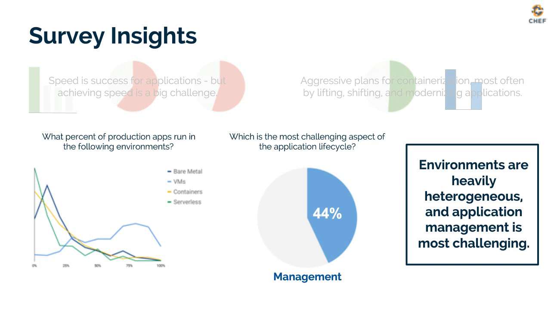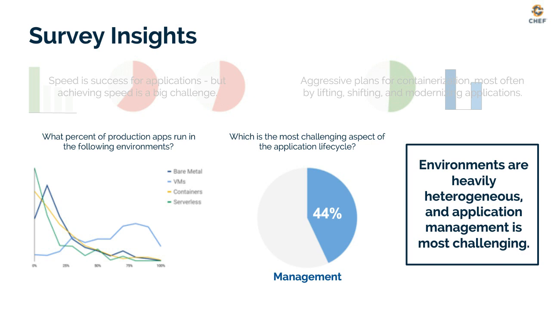So the horizontal axis represents the % of the portfolio, and then the vertical axis is the percent of respondents who answered for each of those. Now, you can see everyone has a mix of environments. There's a small percentage of respondents who have 100% VMs over on the right-hand side with that blue line, but everyone else has a mix.